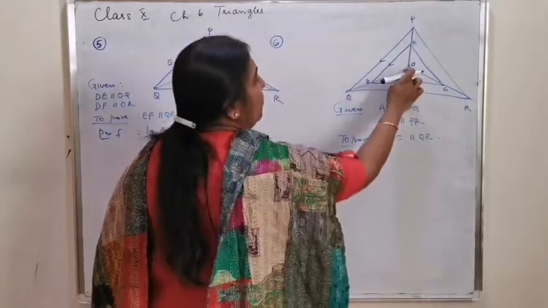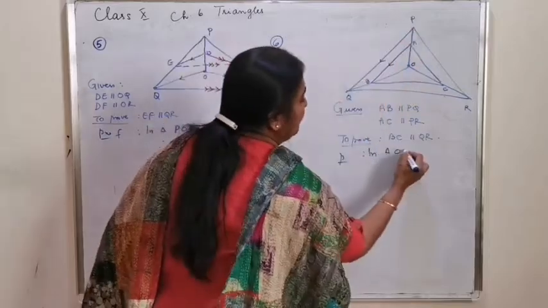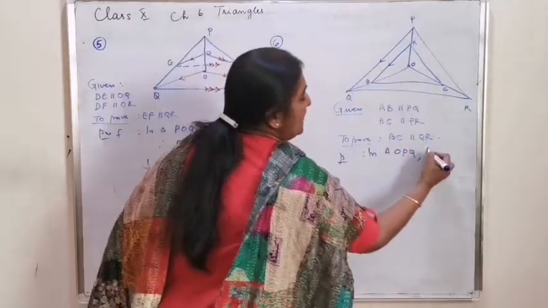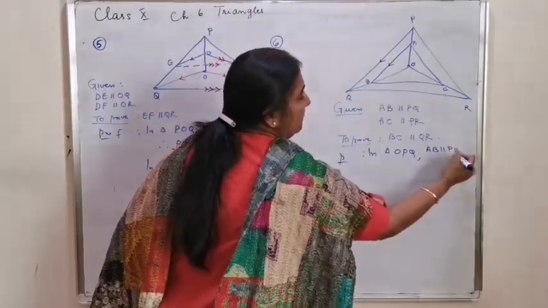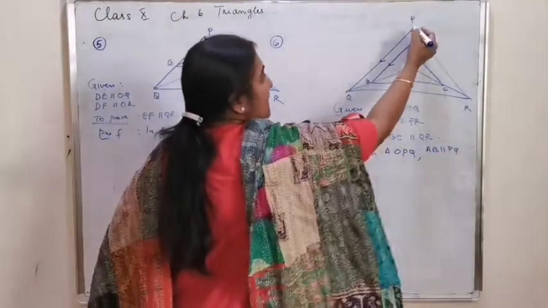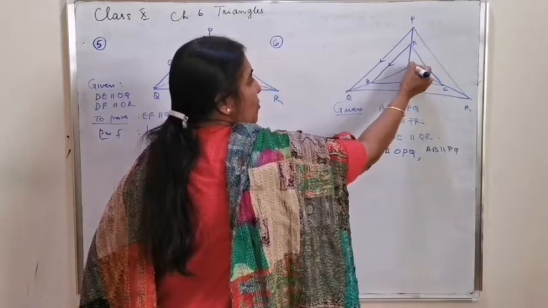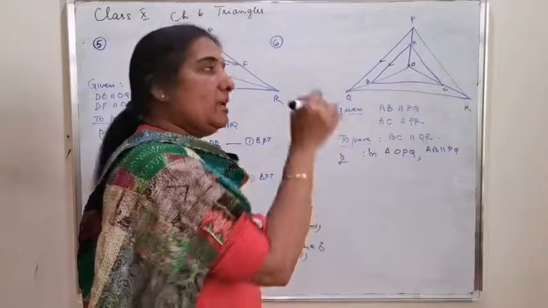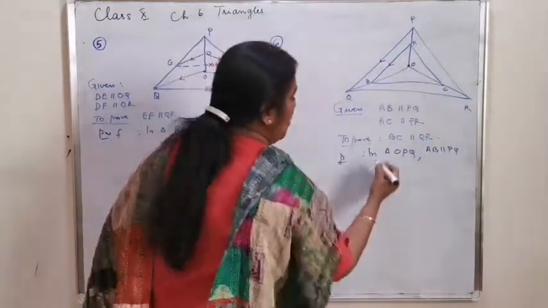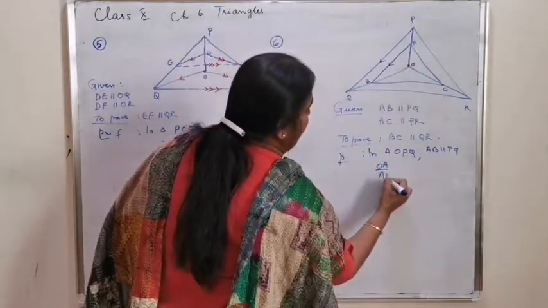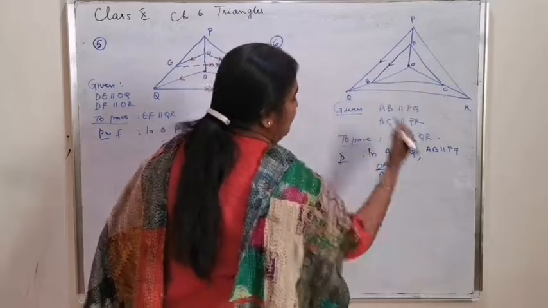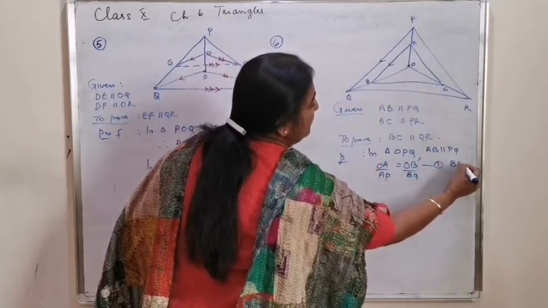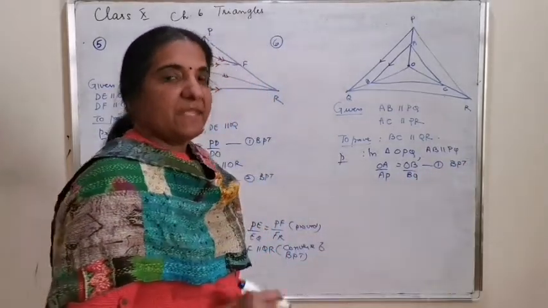In triangle OPQ, AB parallel to PQ, therefore PA by AO is equal to QB by BO, or you can take the vertex O as OA by AP is equal to OB by BQ. Equation number 1, basic proportionality theorem.